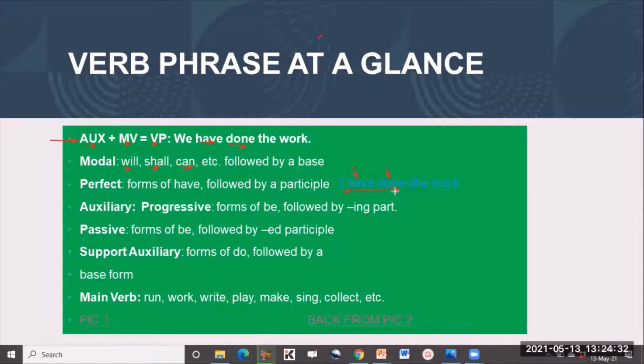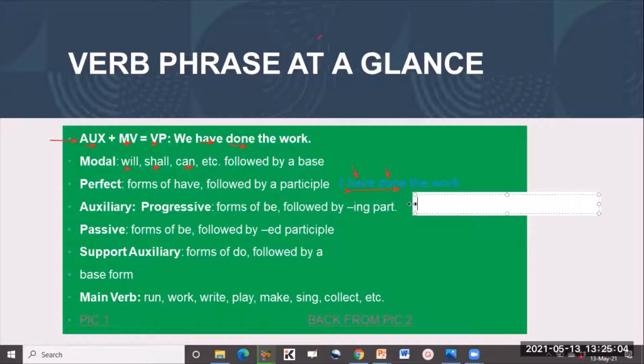So that is why it is called the mandatory element of the sentence or clause structure. Then another possibility is the progressive forms of the auxiliary. You know, that is forms of be followed by ing. All right. So in that case, let's look at some examples.